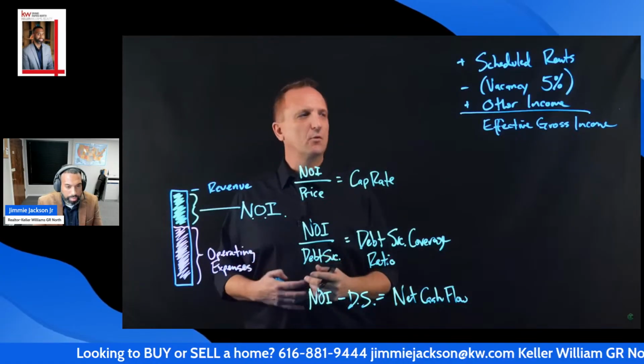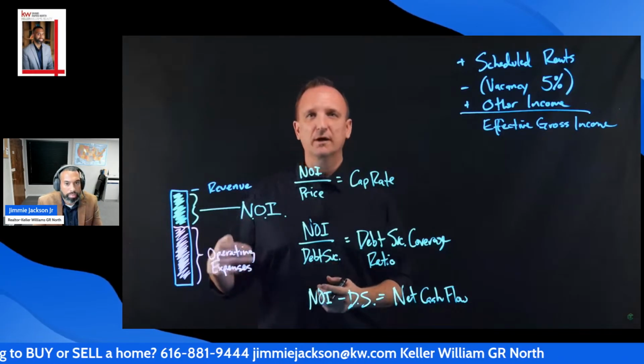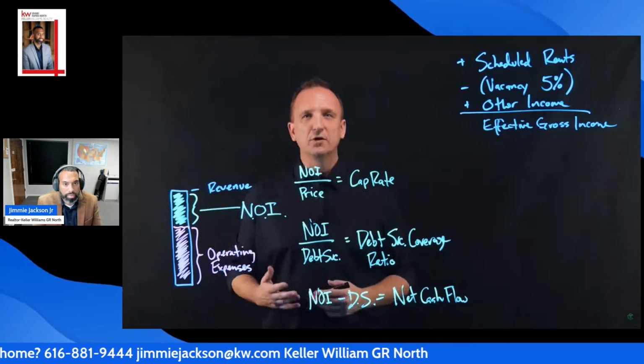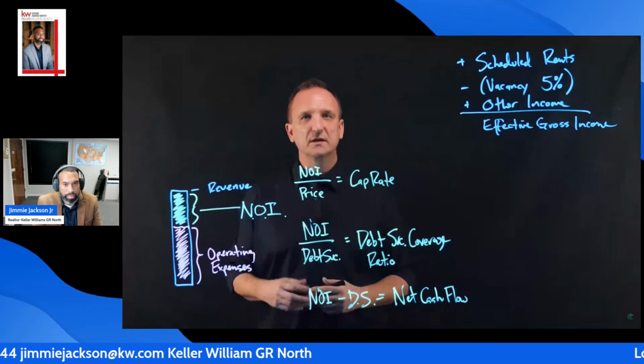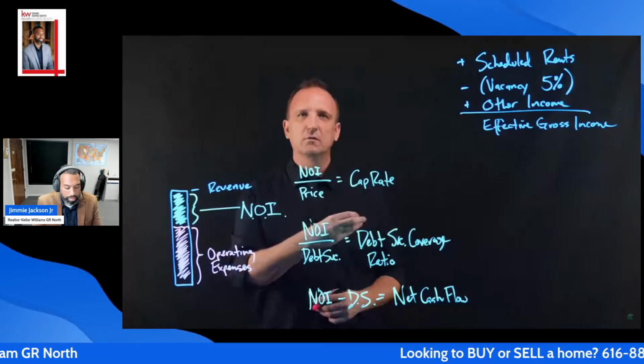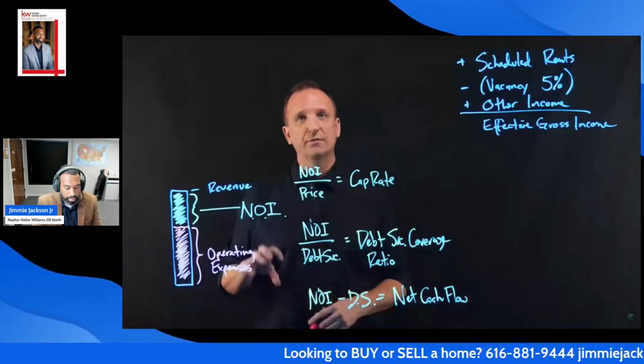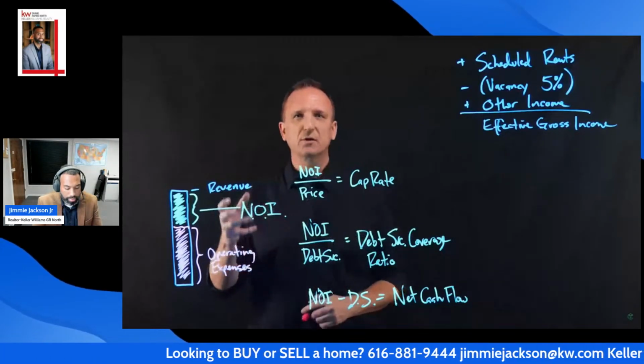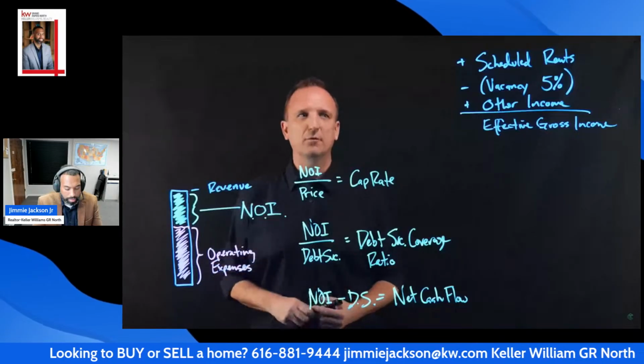From there, we need to take out operating expenses. An important note is that operating expenses do not include debt service or payments to the owner, but they are expenses that are related strictly to the operation of the property.